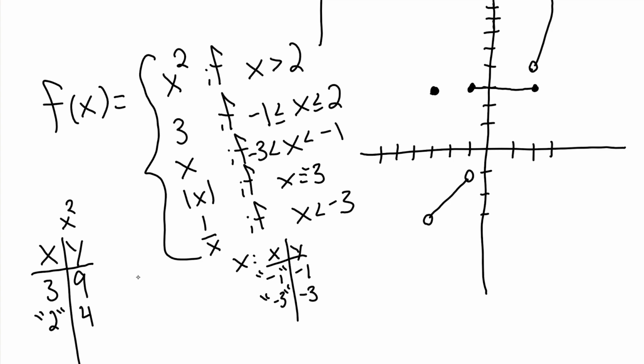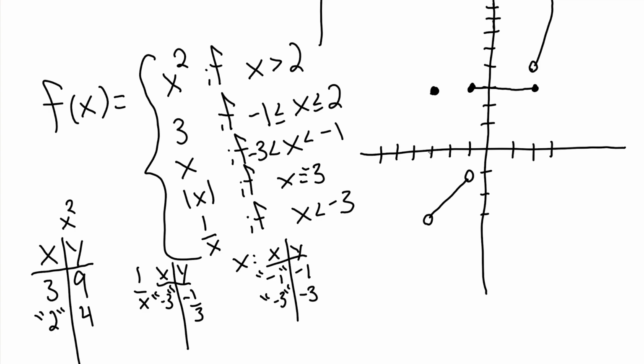It'd be a good idea to plot a couple of these points, and also think about where our open circle is going to be right when this function is approaching -3. Where is it going to? So plugging in -3, we get -1/3.